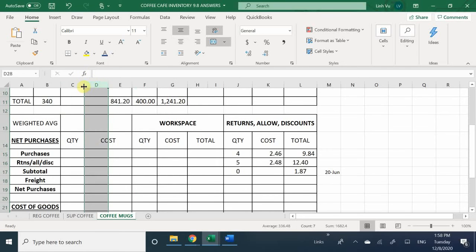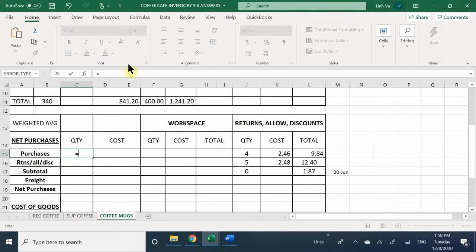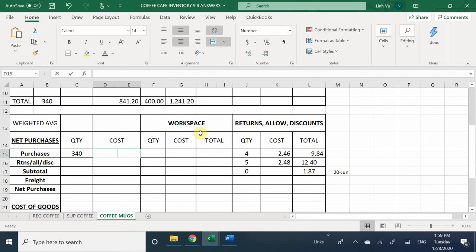So let's go ahead and pull this information down. What is my total purchases for quantity? Purchase quantity is the 340, and the cost of that was this 841.20. Now, what about my returns, allowances and discounts?